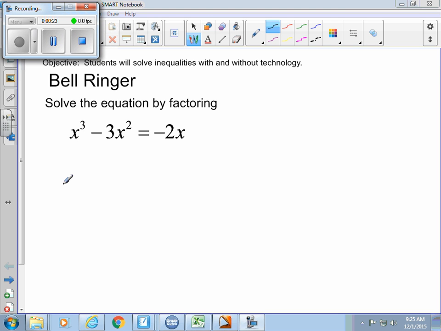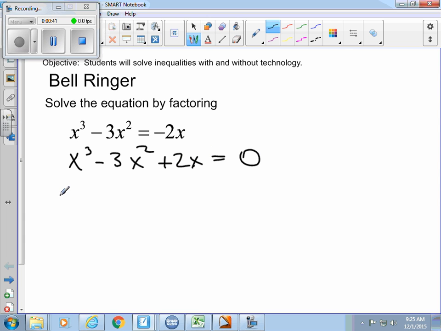So we've got a few programs we're going to be learning how to use throughout the rest of the year. But anyway, so this one, x cubed minus 3x squared plus 2x equals 0. Everyone agree? This is the only one I will probably factor by hand. I'm going to factor out an x. Why did I get 0 on one side? Just out of curiosity.